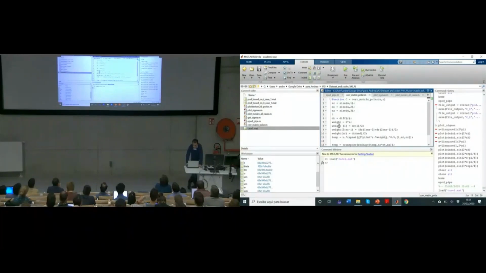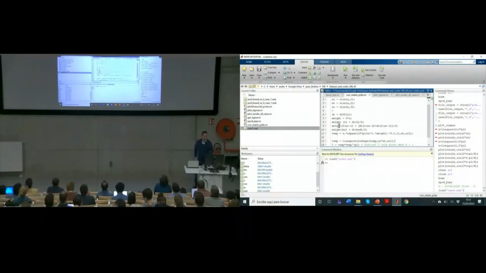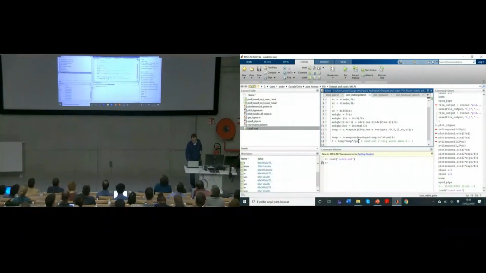And of course, when you do the correlation matrix, since you want your sigma to be normalized, in order to have unitary integral of the spatial modes, we have to divide it by pi r squared. Of course, in this case, the radius is equal to 1, so I have only divided the correlation matrix by pi.